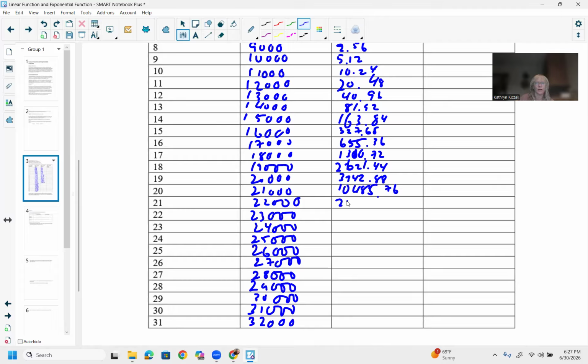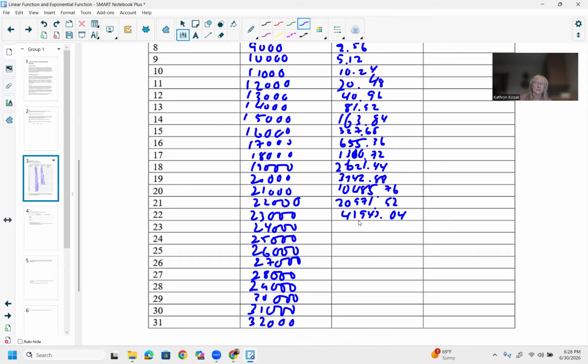Then we get $20,971.52. We're at $32,000. Huh. Wonder what's going to happen when we double it again. Which means we're now at $41,943.04. So wait, we just doubled it and on day 22, we got more than we're going to get with the other one.